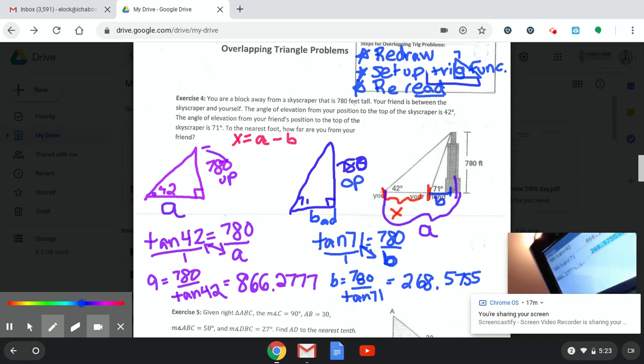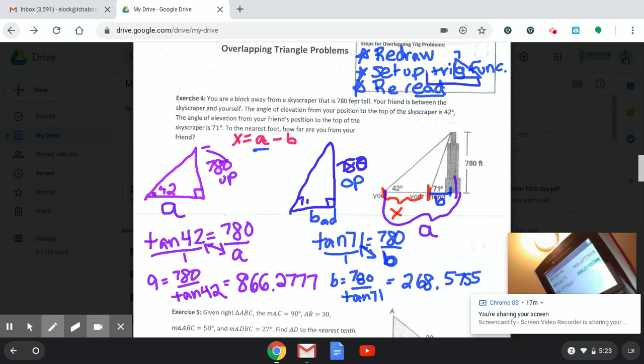Since I'm trying to find the difference, I want to capture the 866, which is side A, and subtract side B. So 866.277 minus the 268 is going to give us a difference of 597.7 feet.